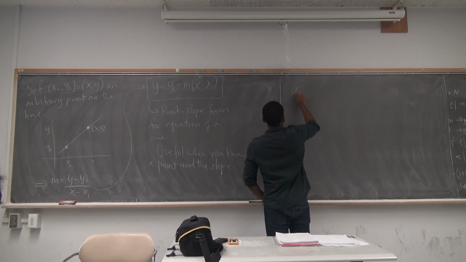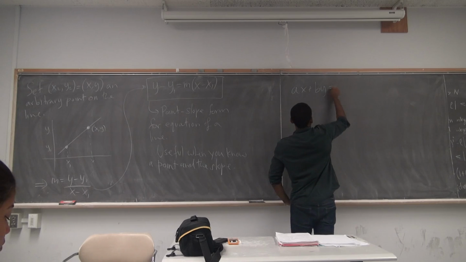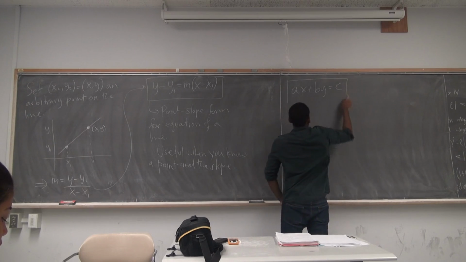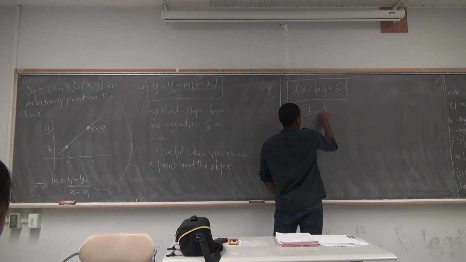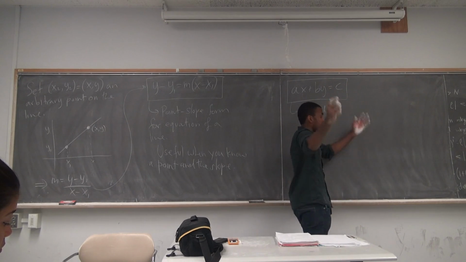Another form, ax plus by equals c. This is called the standard form for the equation of a line. We won't use it very often, but I guess for the sake of completeness, I'll just mention it.